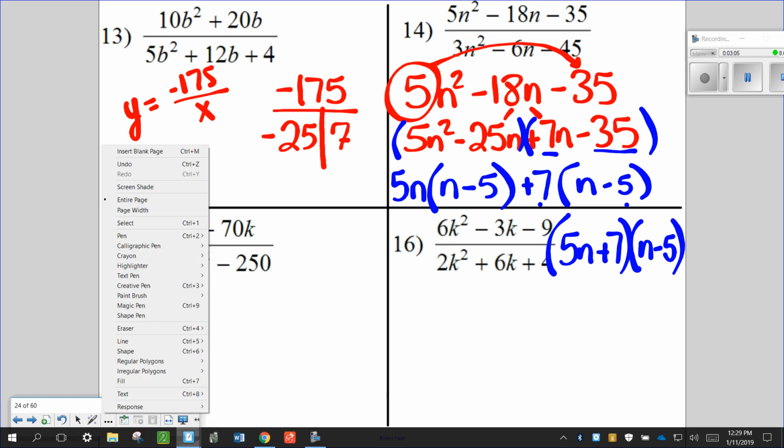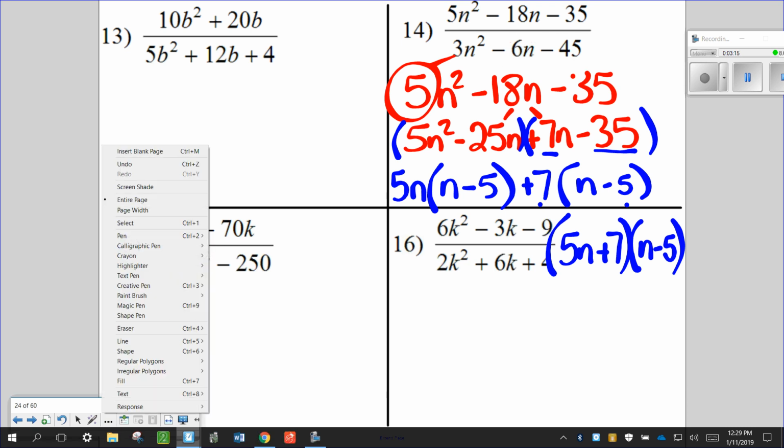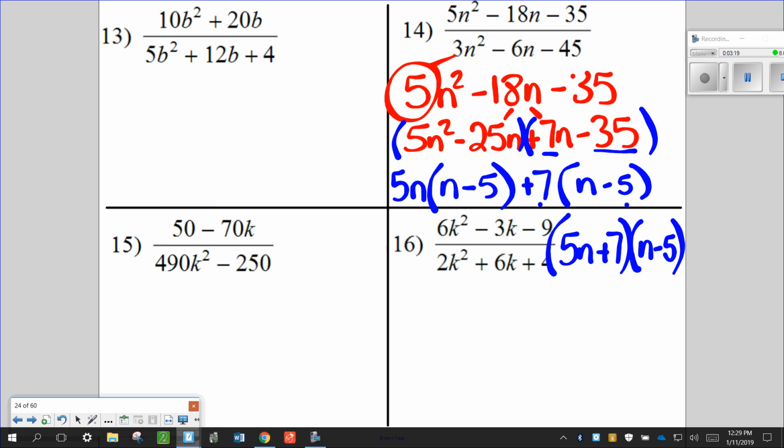Didn't leave ourselves a whole lot of room here. So I'm going to erase this, and over here I'm going to factor the denominator. So in the denominator we have 3n squared minus 6n minus 45. Well, I know 3 and 6 are divisible by 3.